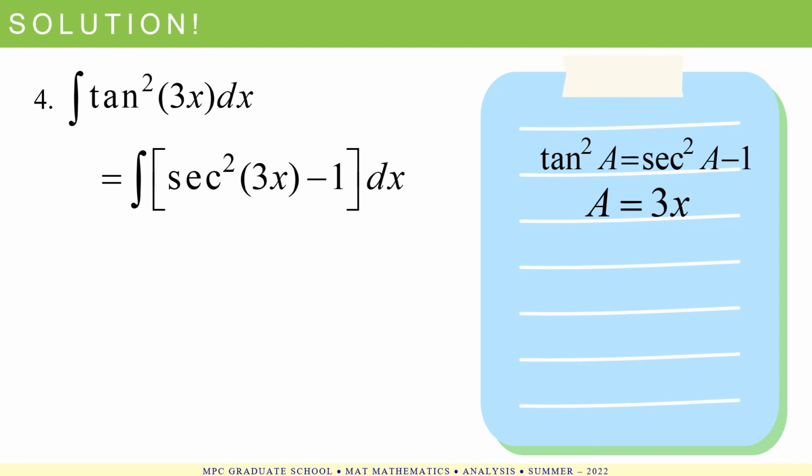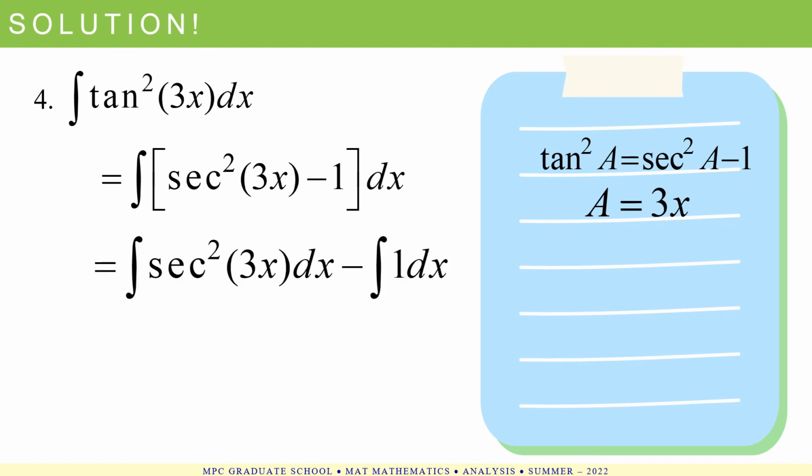Integrating each term by applying the sum and difference rule, we have the integral of secant squared 3x with respect to x minus the integral of 1 with respect to x. To integrate secant squared 3x, we're going to use 1 over k tan kx plus c, wherein k is equal to 3.